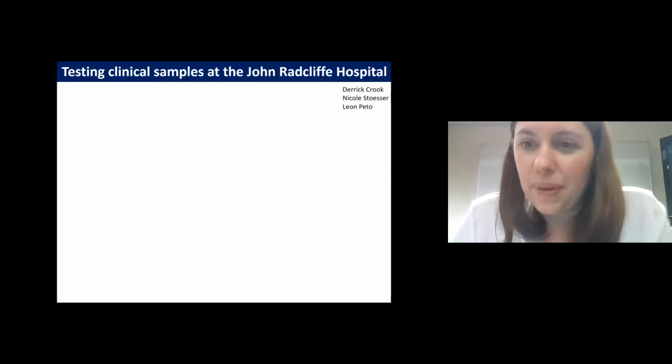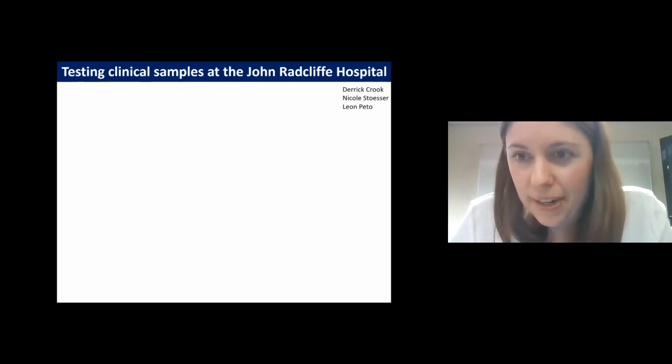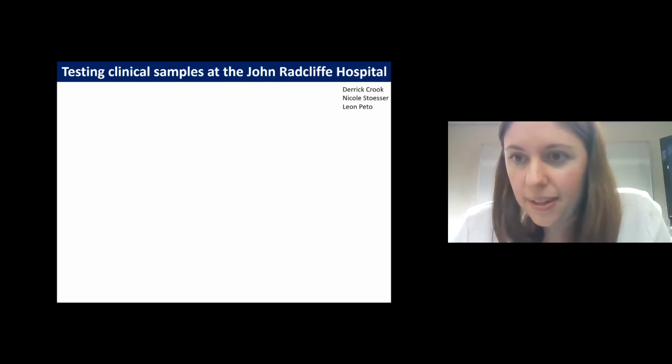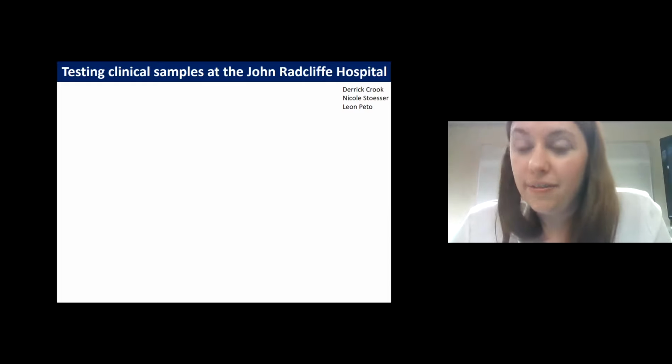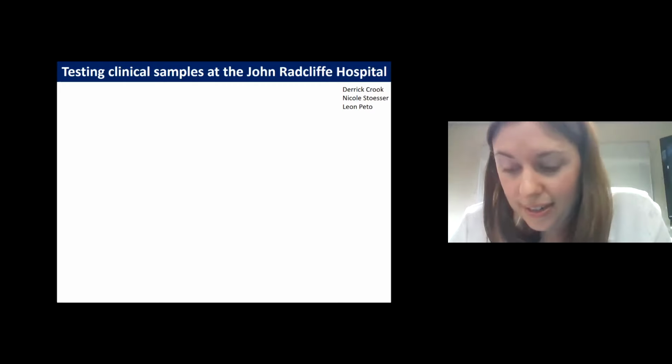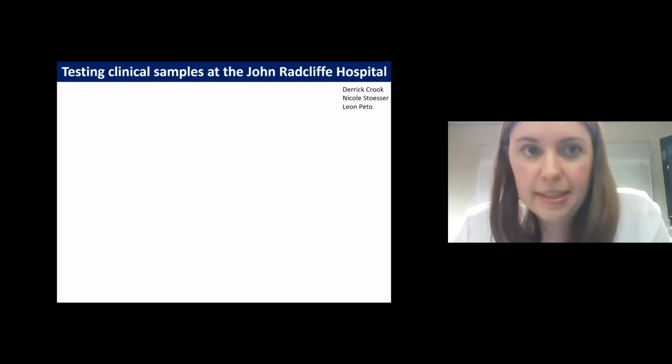We had the loan of a microscope from the Micron facility in the biochemistry department, and we moved that to the John Radcliffe Hospital, and we set it up in Derek Crook's lab. He is the head of the research microbiology lab at JR, and he very kindly hosted us there. That's where we've been working for the last couple of months.